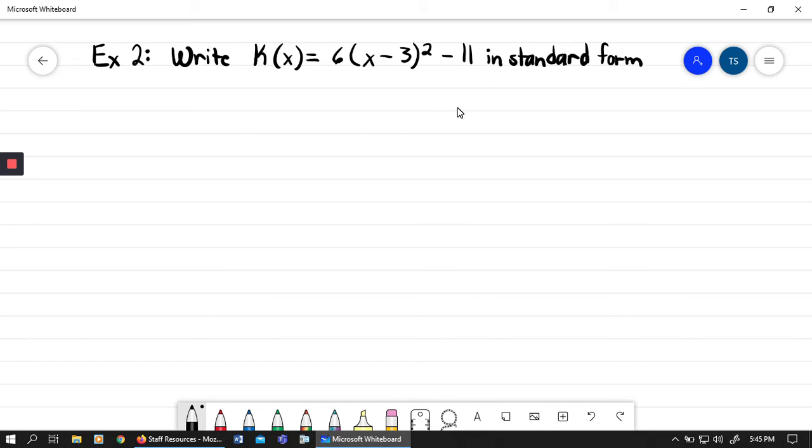You guys notice here that there's a number in front that's being multiplied times this quantity in parentheses, but this quantity is being squared. And then you've got something on the outside that's being subtracted.